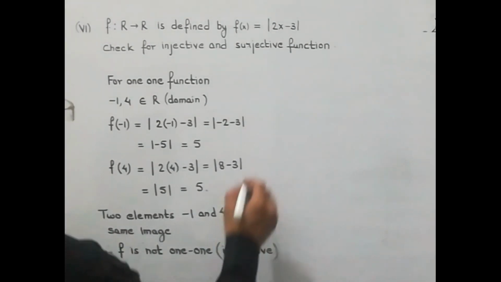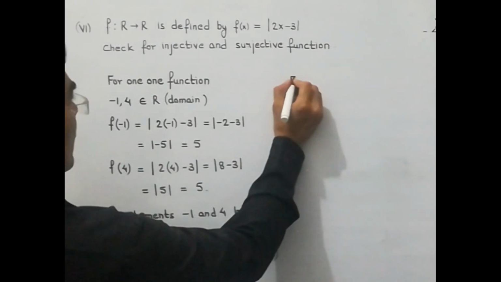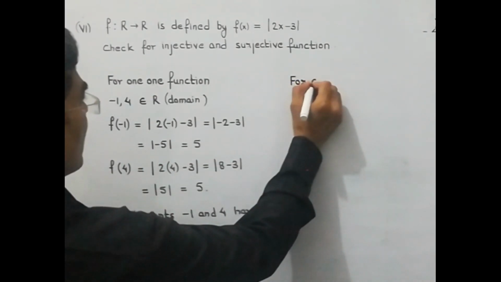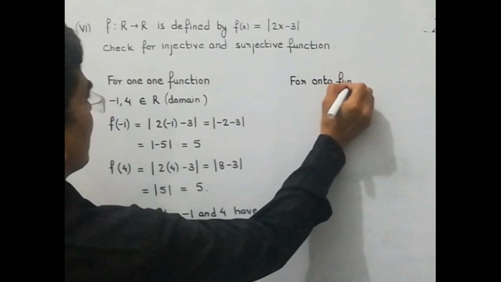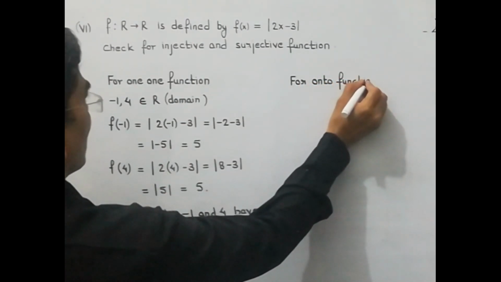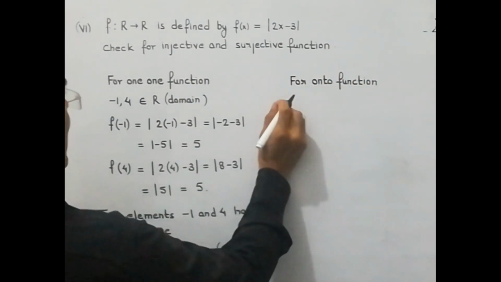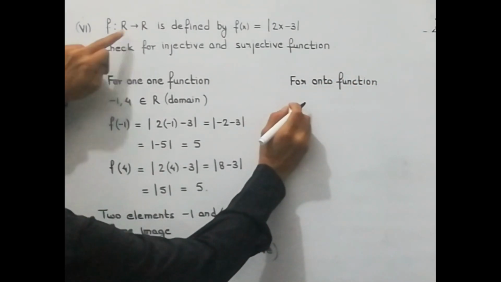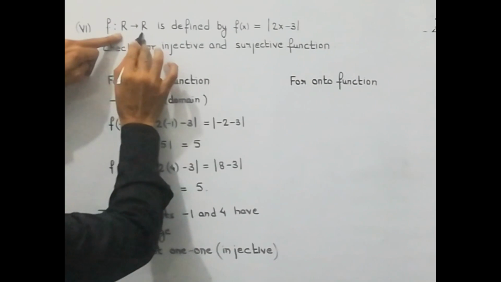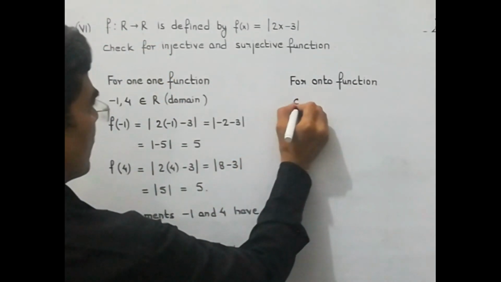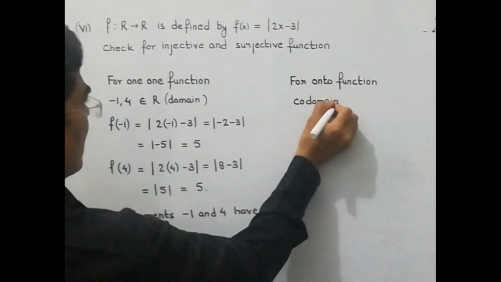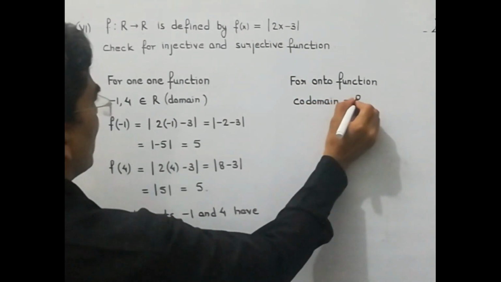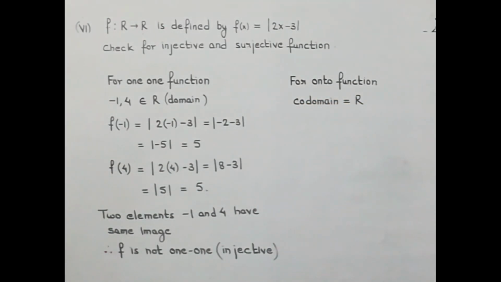Okay, here for onto function, see, this is domain, this is codomain. Codomain is equal to the set of all the real numbers.